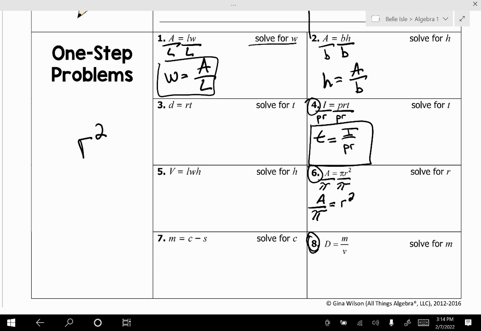There's no measurable conversion chart that says the opposite of squaring is circling. So, you must take the square root of both sides to get the exponent to go away. So, you have r equals the square root of a over pi.